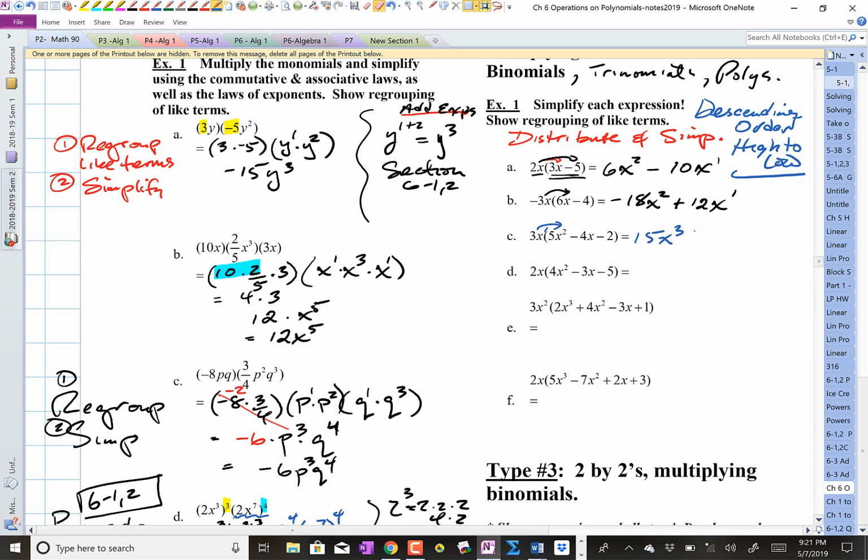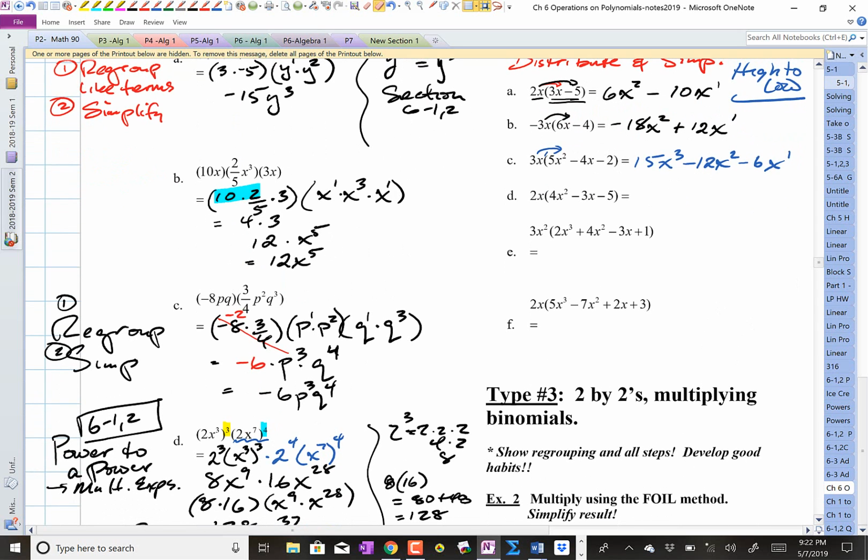Minus 3x times 4x is 12x squared. And then 3x times a negative 2 is a negative 6x, so minus 6x. And notice that it's in descending order, third degree, second degree, first degree. And that's how the game is played.